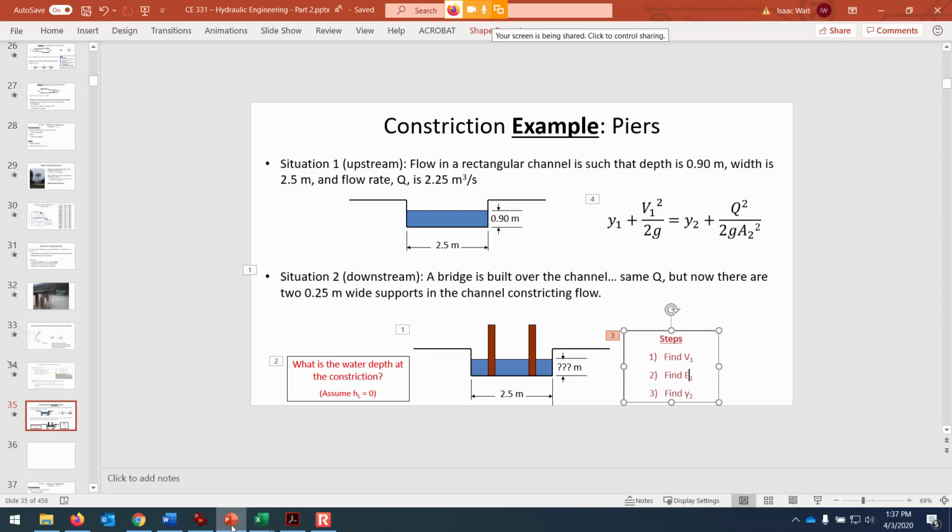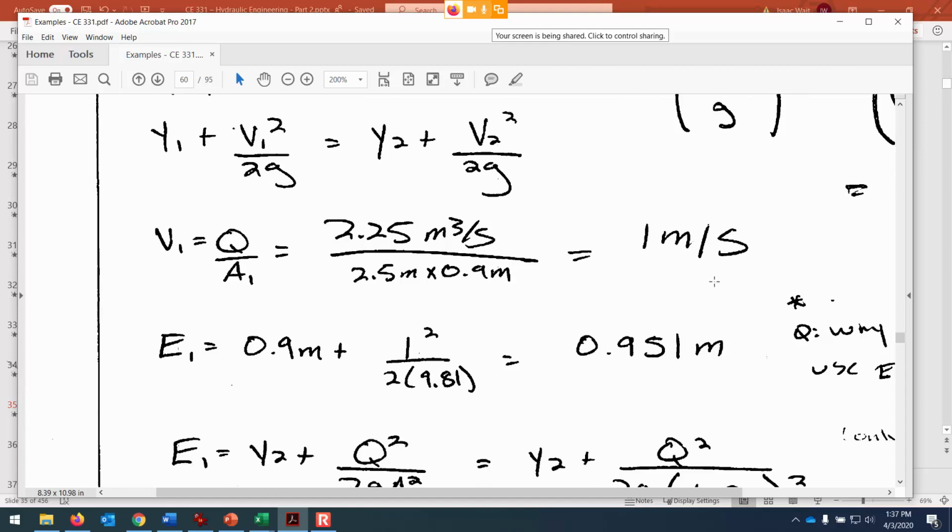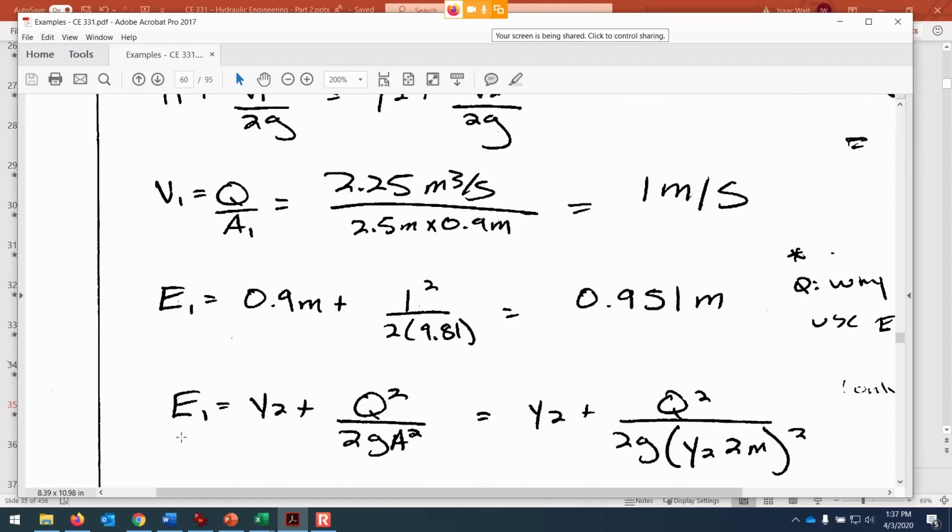Now to find out what is the new depth downstream, where the constriction occurs, we can set the specific energy at 1 equal to the specific energy at 2. And since I don't know what the velocity is going to be at 2, but I do know the flow rate, that's why I chose to have the velocity head in terms of Q squared divided by 2gA squared.